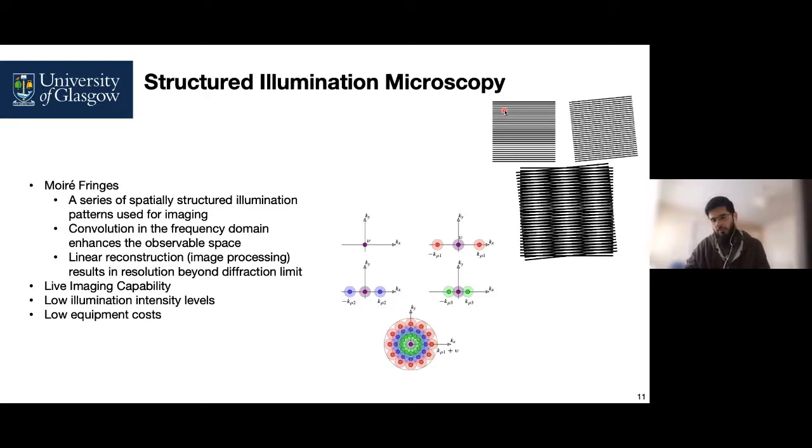In other words, we observe multiple snapshots of a sample with different illuminations. When we post-process those images, we see that the multiplication of these two different patterns results in a new pattern.